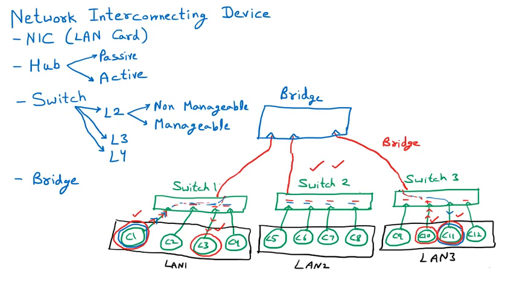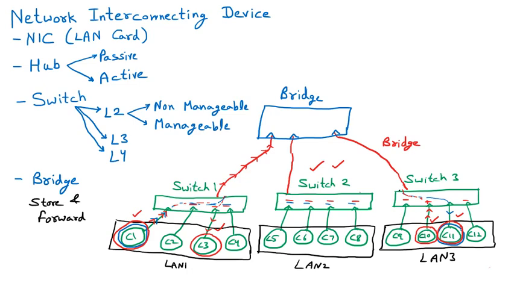Now from here, it will send the data to the bridge. Now bridge is very intelligent. Bridge is having one special feature that is called store and forward feature. Means it is used to store something. And what is something? The data which is sent by some system.